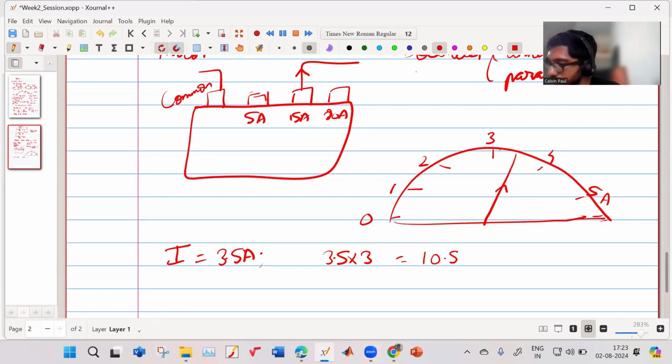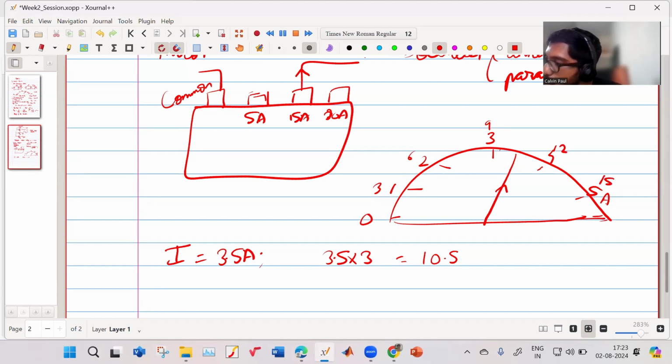So there could be two cases. There could be a case that there's only one scale, or there could be a case when there are multiple scales. So it could be written 0 to 5 ampere. It could also be written 0, 3, 6, 9, 12, 15. Both can be written.